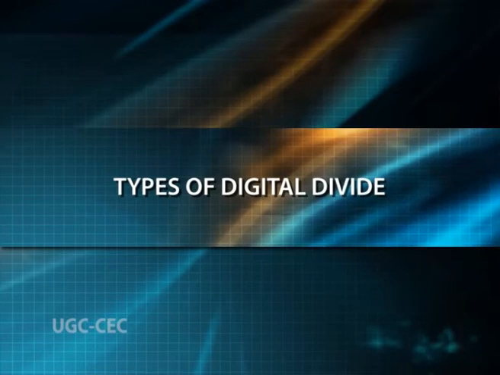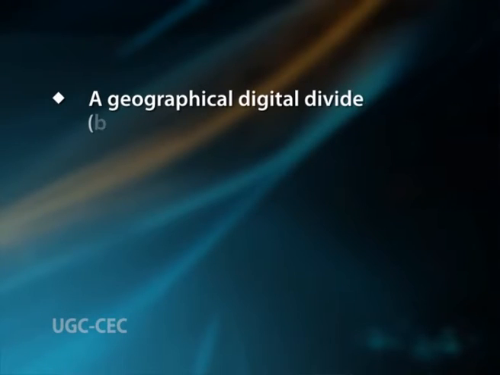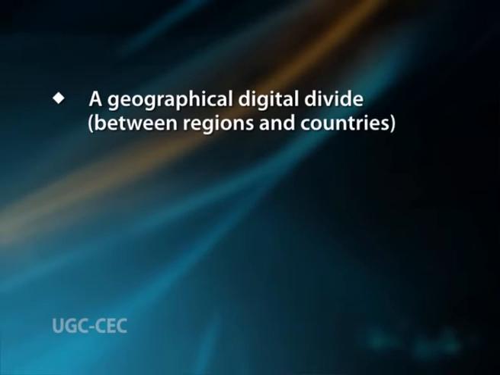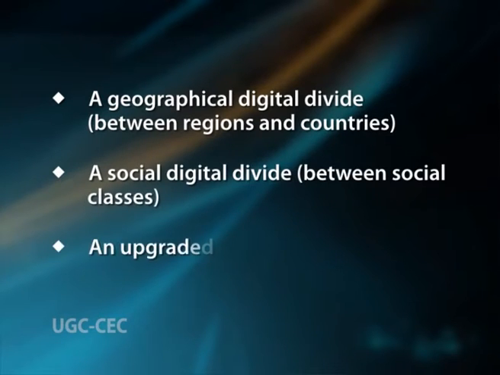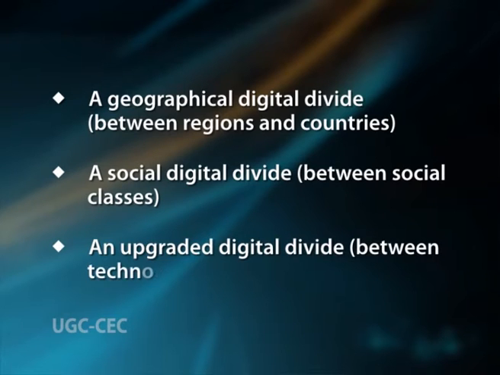Types of digital divide. Three distinctive divides described by Hanneman and Rudin in 2007: a geographical digital divide between regions and countries, a social digital divide between social classes, and an upgraded digital divide between technology and humans.